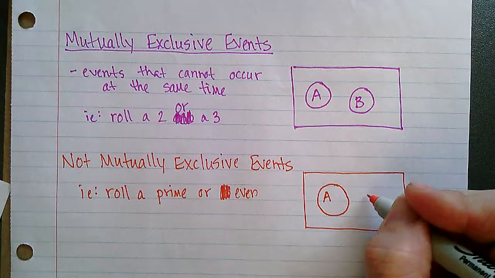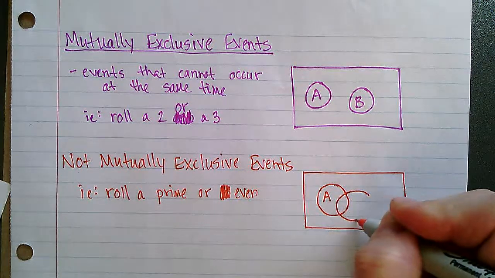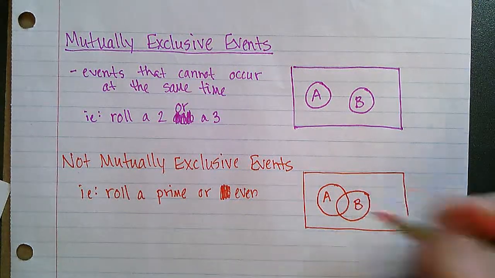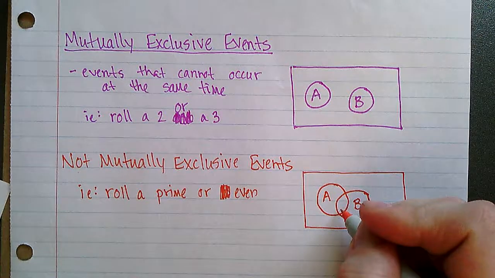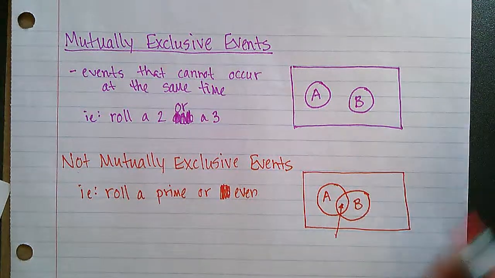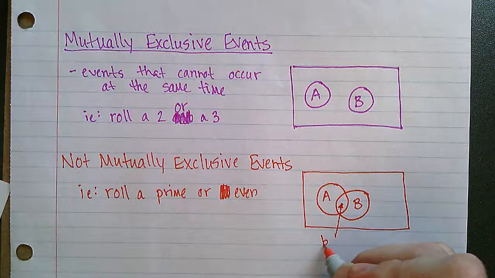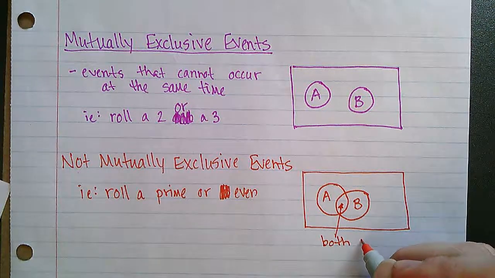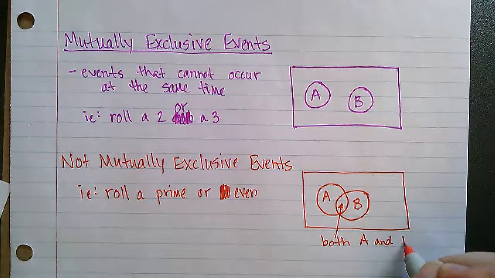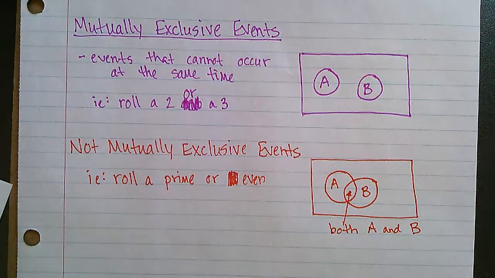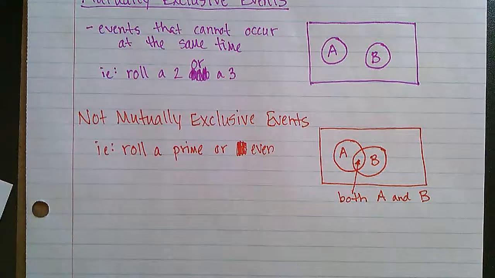And then event B would be all the even numbers, which are 2, 4, and 6. Those do overlap because right here in the middle is the outcomes that are both A and B. So we will get to figuring out how to determine those probabilities in a moment.